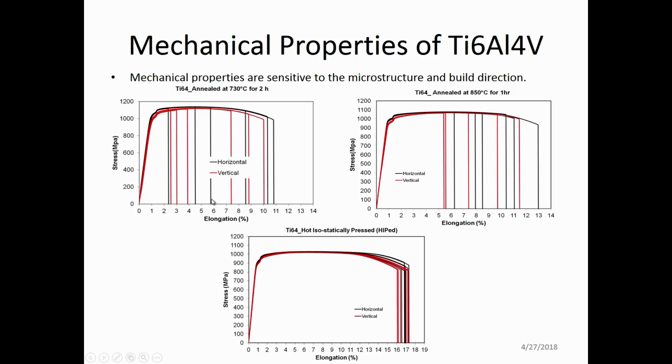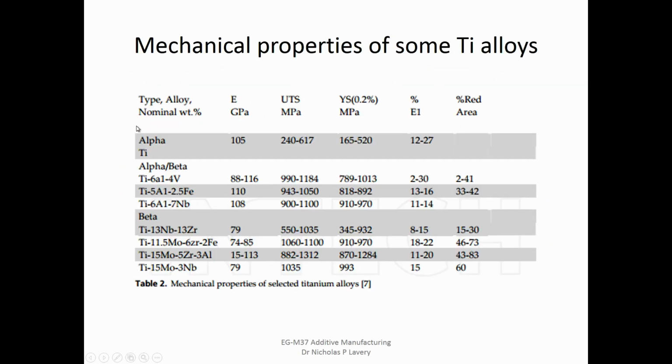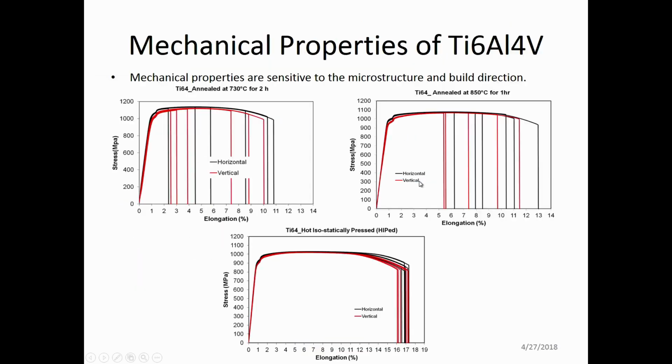Bearing in mind that a wrought Ti64 should have, if we go back to these values here, a UTS of somewhere between 990 MPa to 1,200, say, a yield strength somewhere between, say, 800 to 1,000, and an elongation somewhere between 2 and 30%. So let's assume that this 1 hour or 2 hour of annealing doesn't make a massive amount of difference, which it actually does. But you have quite a large scatter in the elongation.